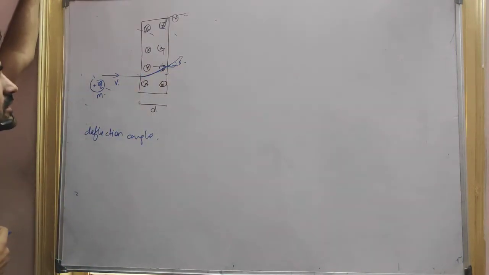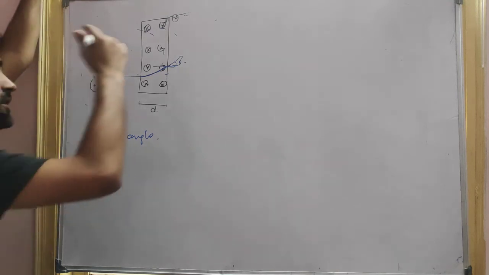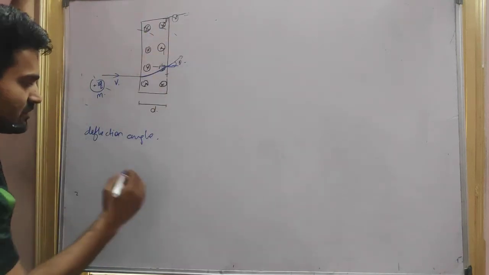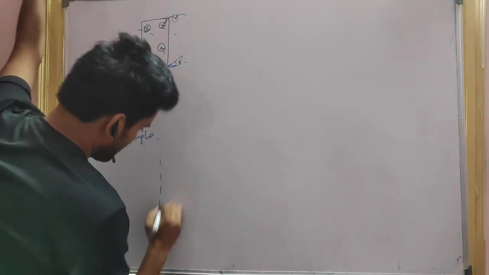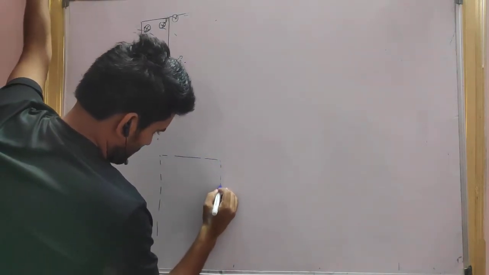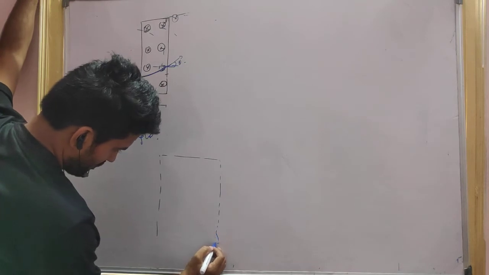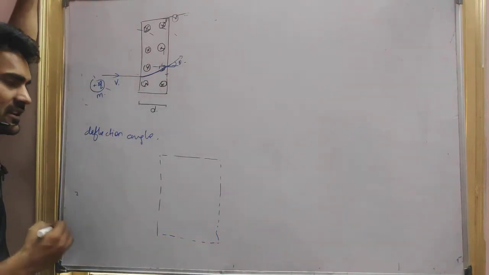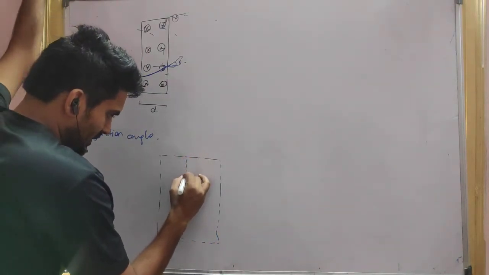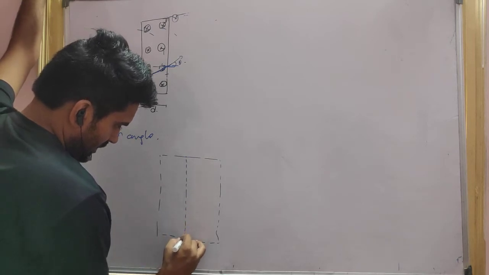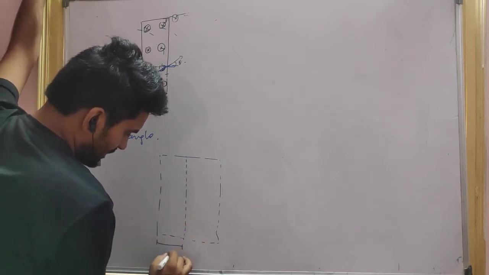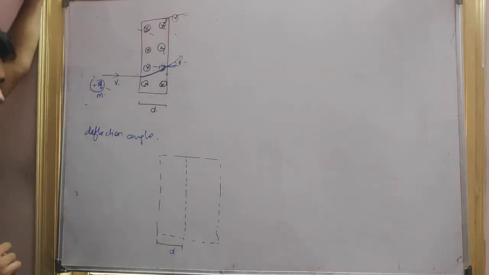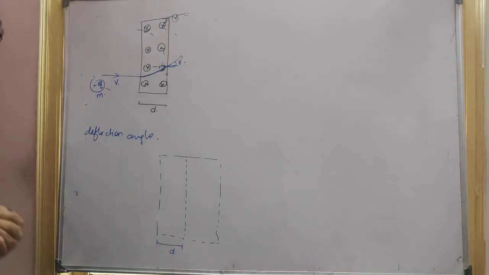So let's do one thing. Let's make an imaginary magnetic field. Okay, this is the imaginary magnetic field, and this is the distance d. Right?